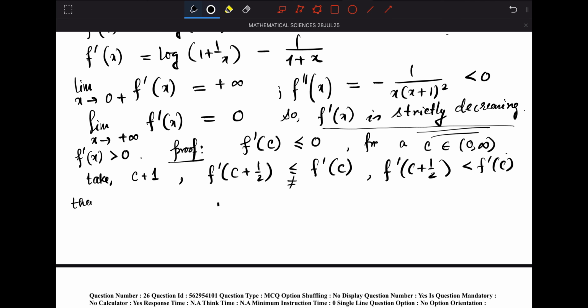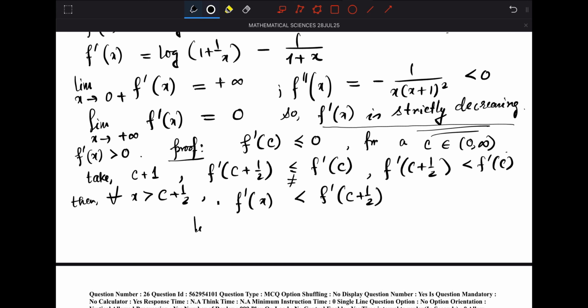So for all x strictly greater than c plus half, we have f'(x) strictly less than f'(c plus half). Taking limit on both sides, the limit as x tends to positive infinity of f'(x) is less than or equal to f'(c plus half).